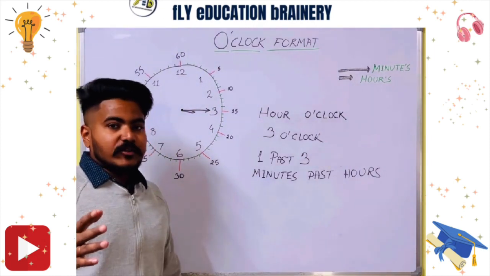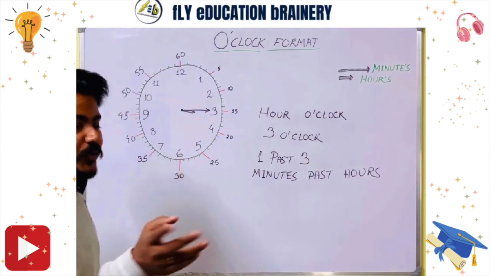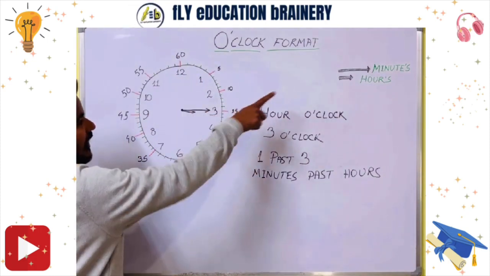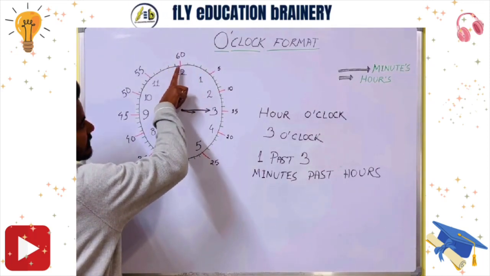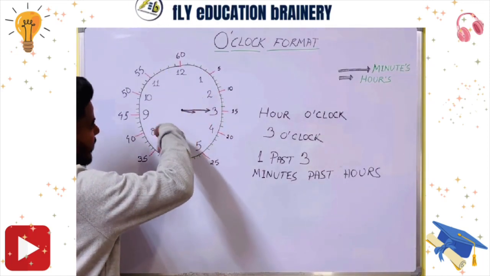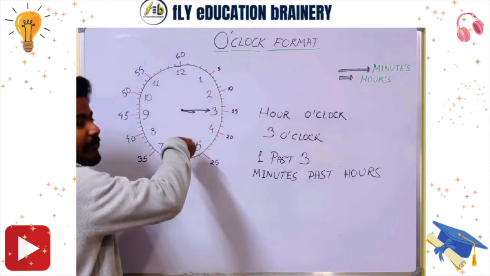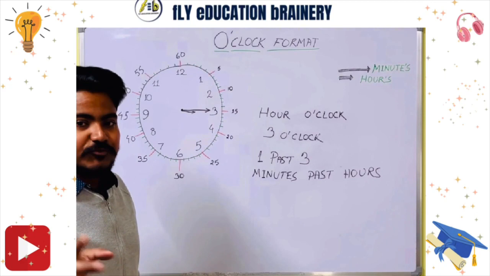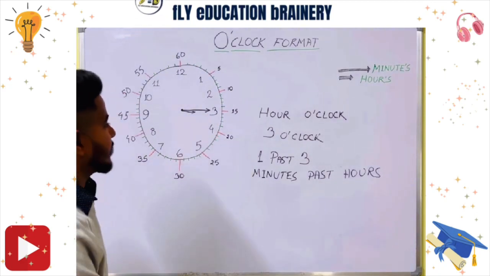I've explained earlier also that in 1 hour there are 60 minutes. So when the minutes hand moves this way and comes back again to 12, 60 minutes will get completed, that is 1 hour will get completed. Now let us move to that again.